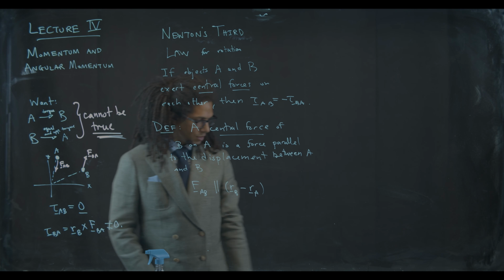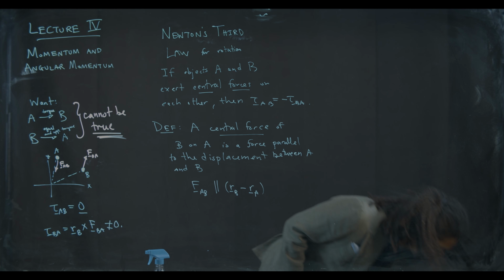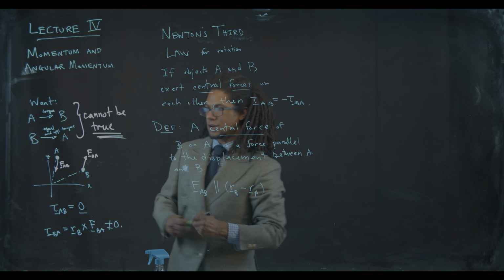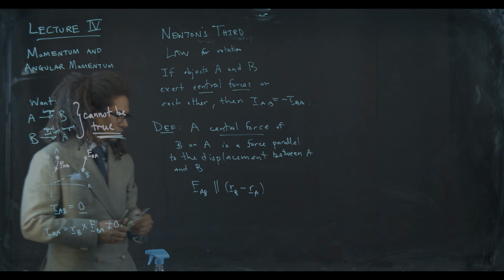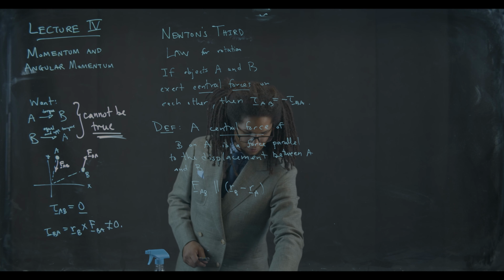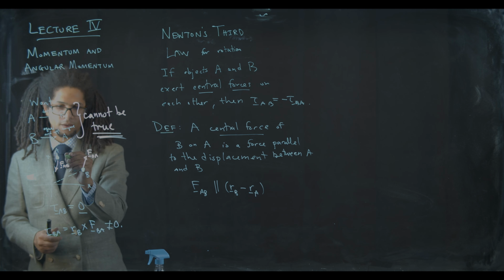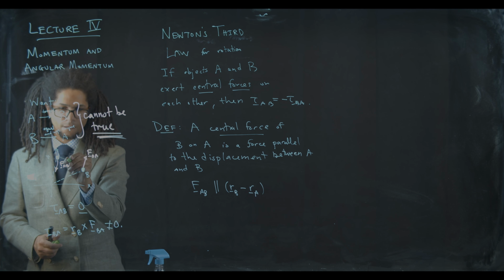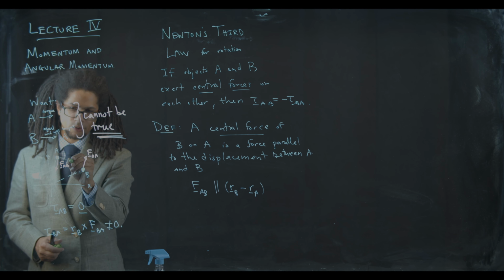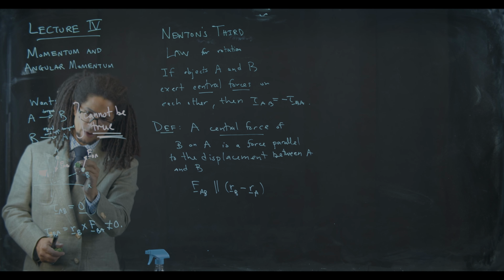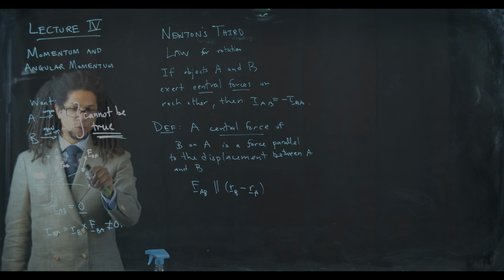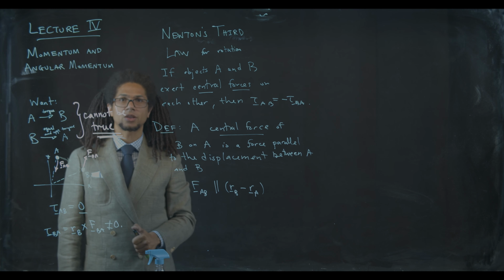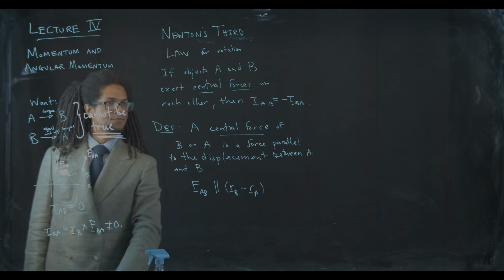Okay, let's get a marker and draw in what happens in this case. Let's imagine now that these two objects are pulling on each other. Anyway, if these point along the line between A and B, it turns out that those torques do cancel.